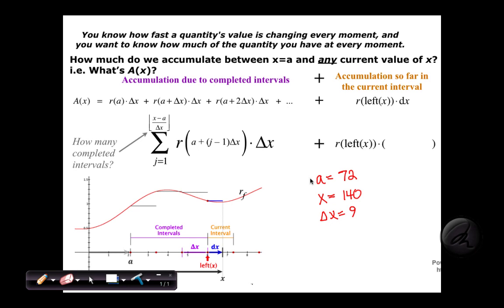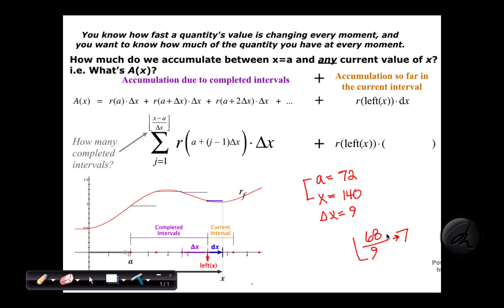I want to figure out how many intervals fit between 72 and 140. To figure out how many intervals there are, I need to know how much space there is, which is 68 units between those two. So I'd have to figure out how many times 9 goes into 68. 9 times 7 is 63. 9 times 8 is too big.